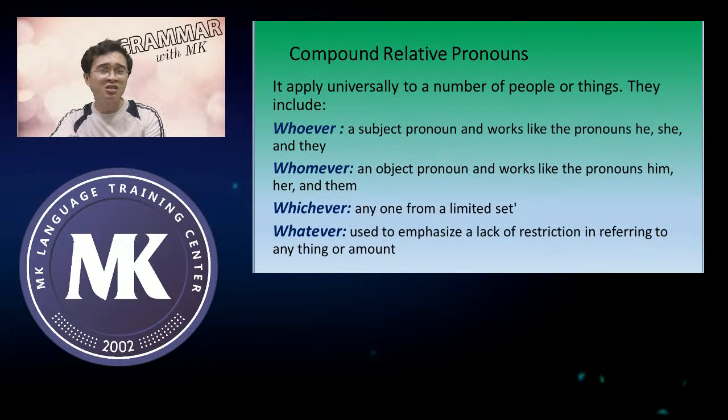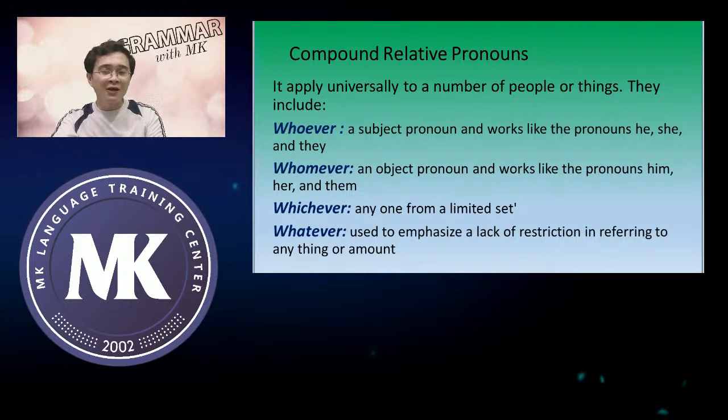We use this as a subject pronoun and it works like the pronouns he, she, and they. This one is a little bit difficult, but I would recommend everyone to study more about this one because not everyone can easily understand how to use this compound relative pronoun. For whomever, an object pronoun that works like the pronouns him, her, and them.